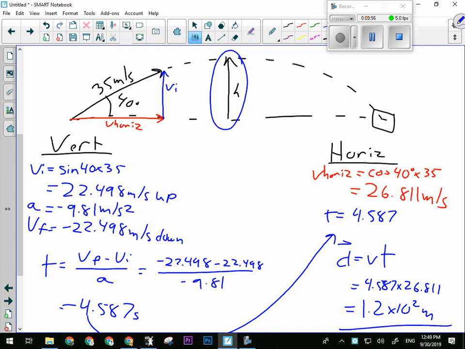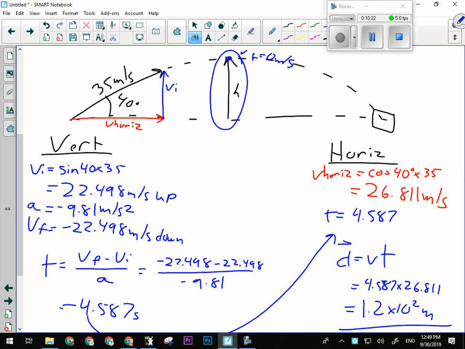What's VF going to be at this point in the flight? 0. Right? Because when I throw something up in the air, it goes up, it slows down, it stops for an instant before it starts to fall back down. So at its maximum height, its vertical velocity is 0. So I'm going to change VF here to be 0 meters per second, because at that point it is.